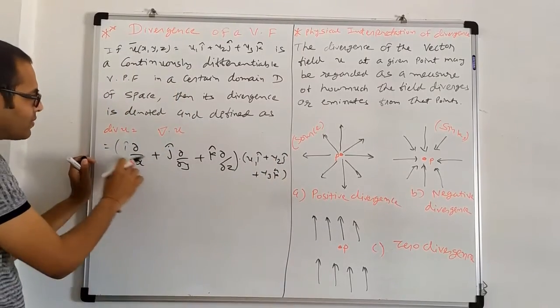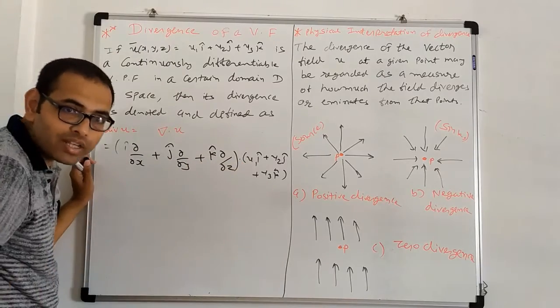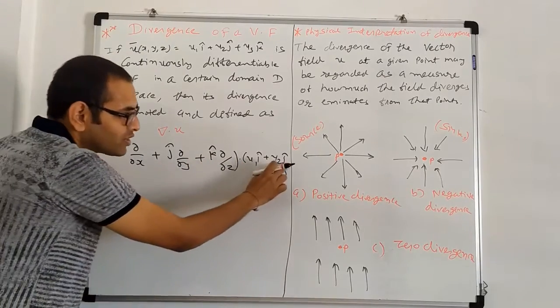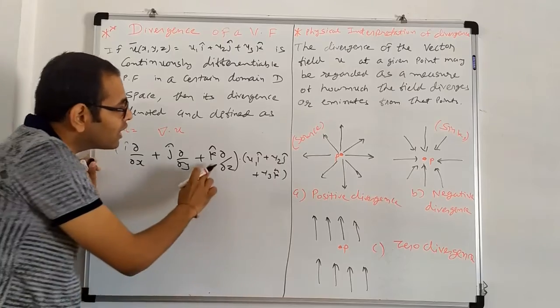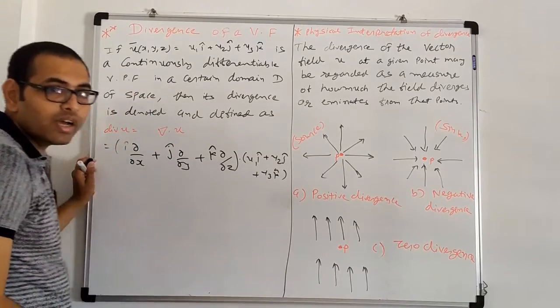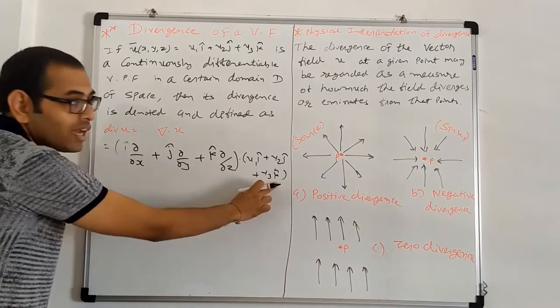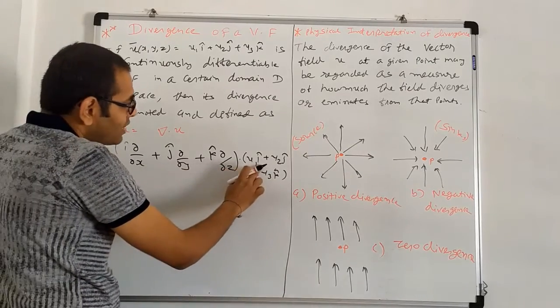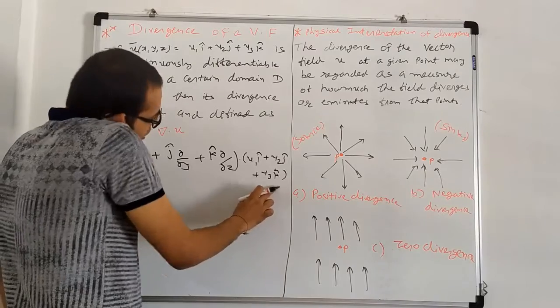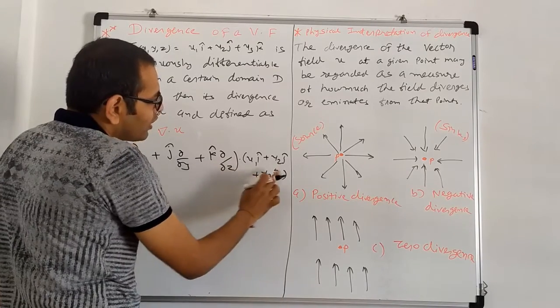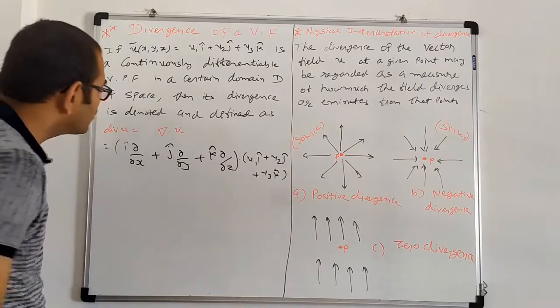Then dot product of this: i dot i is 1, j dot j is also 1, k dot k is 1, but i dot j is 0, i dot k is 0, j dot i is 0, j dot k is 0, k dot i, k dot j are also 0.